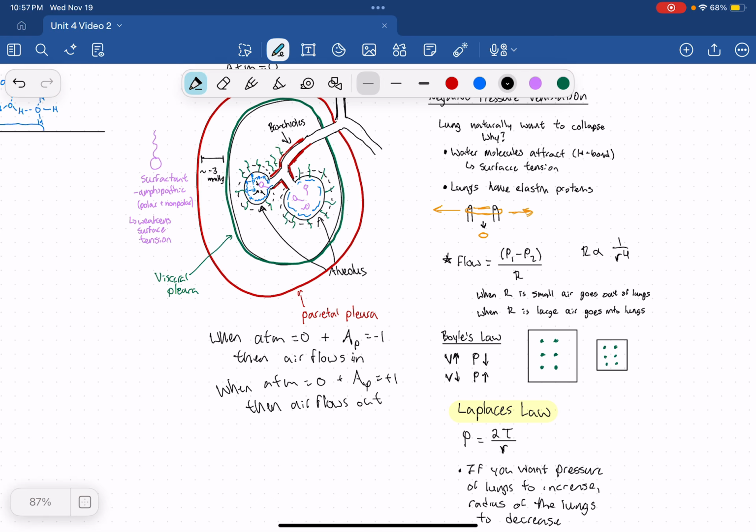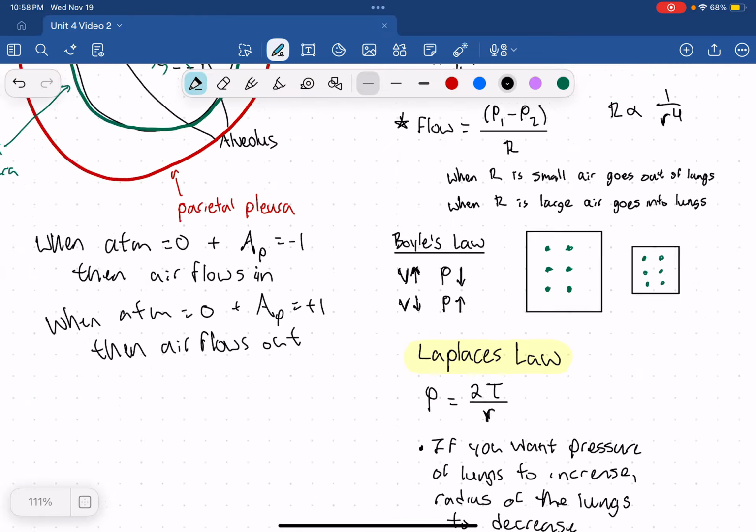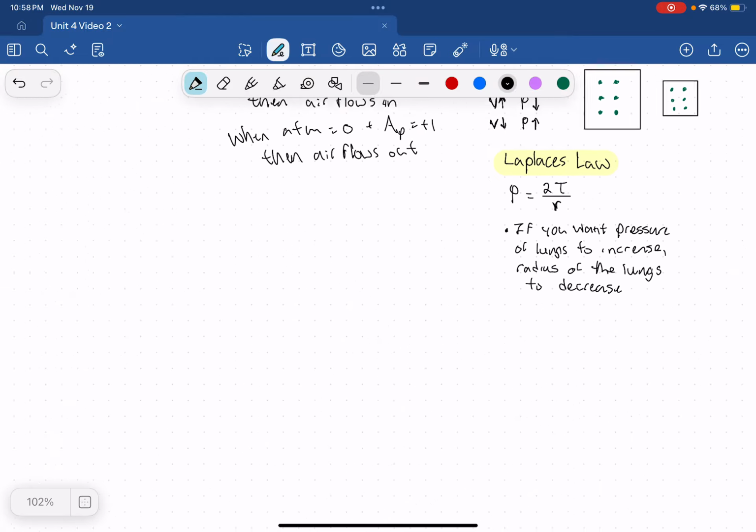When we exhale, surface tension will increase, the radius becomes smaller, we get a larger pressure in the lungs. And so the negative pressure is important in that space in order to allow for the lungs to inspire. So let me draw a graph here.